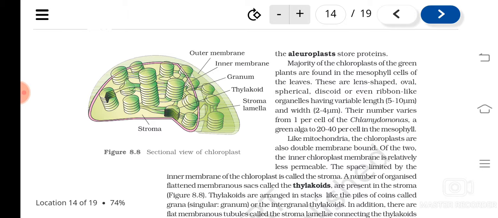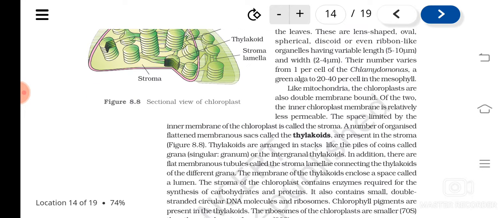And when you see the structure of a chloroplast, it has a membrane with two layers, the outer membrane and the inner membrane. Among these two, the inner membrane is less permeable, meaning it will not easily allow materials through.